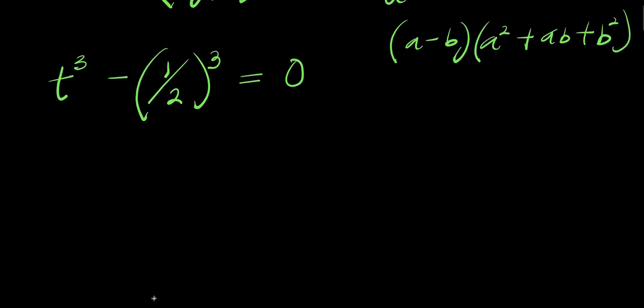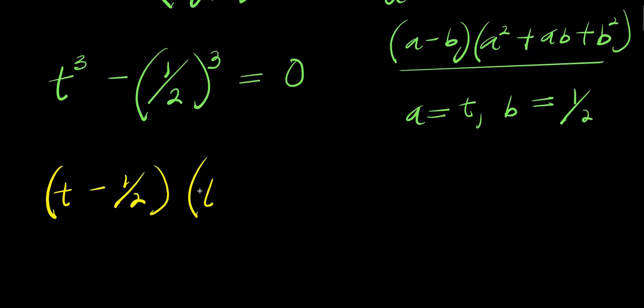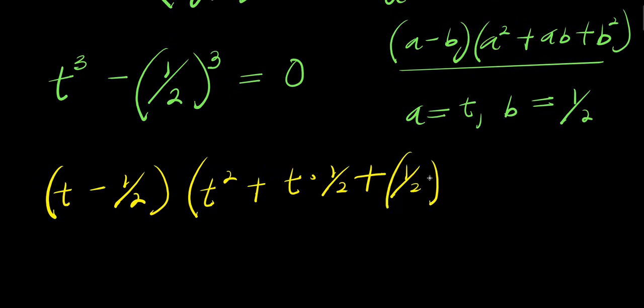So applying that right here, that means my a is t and my b is 1 over 2. Applying this identity, I'm going to have t minus 1 over 2 times t squared plus t times 1 over 2 plus 1 over 2 to the power of 2 equals 0.